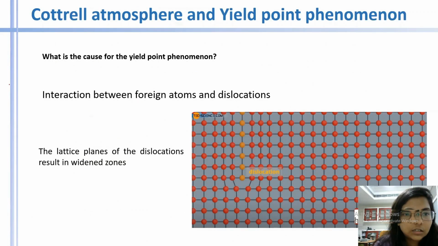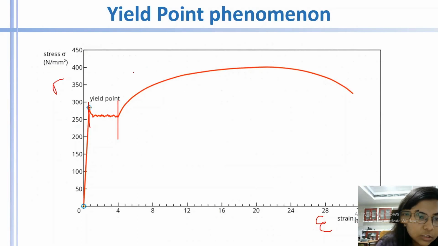So what is the yield point and what is the cause of this yield point phenomena? So what happens is, up to this point, as we were increasing the stress, the strain is increasing. Suppose we are doing a tensile test, right? We are stretching, and as we are increasing the stress, the strain is increasing.